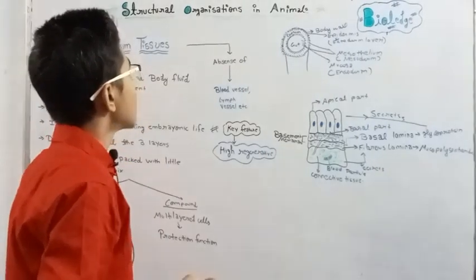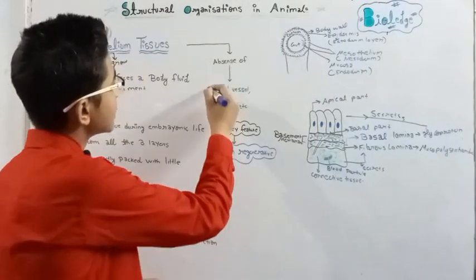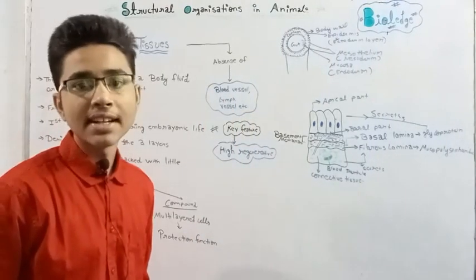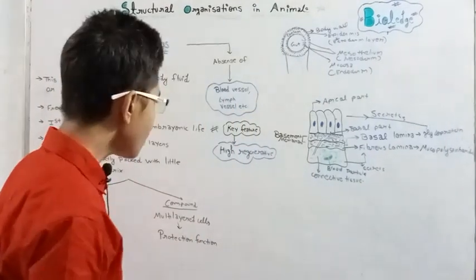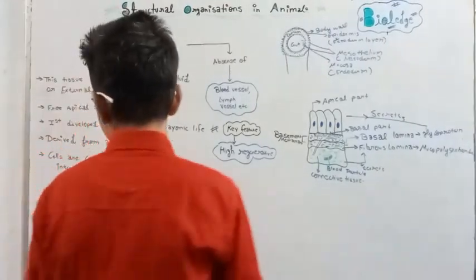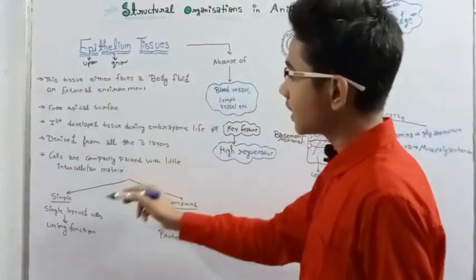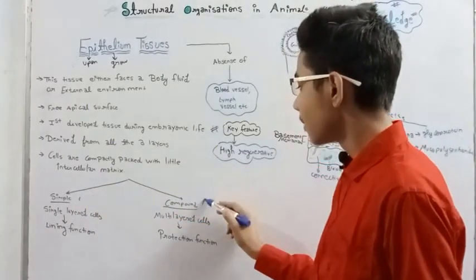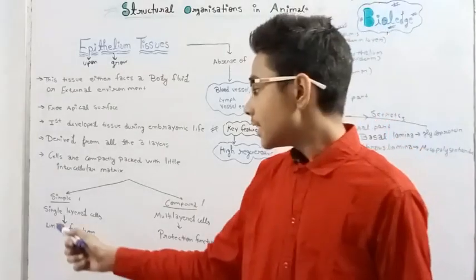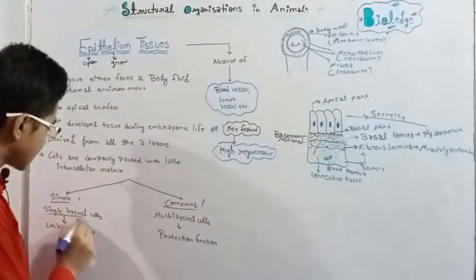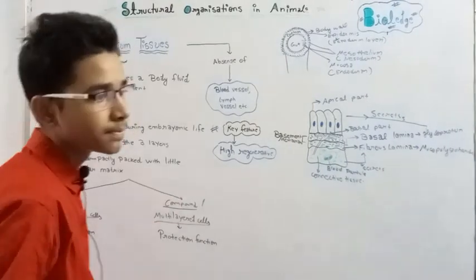Next, we have seen that there is an absence of blood vessels, lymph vessels or any glandular vessel. Let's discuss some parts of them. Epithelial tissue is basically classified into two parts, simple epithelium and compound epithelium. The key feature of simple epithelium is that it is single layered, while compound epithelium is multi-layered.